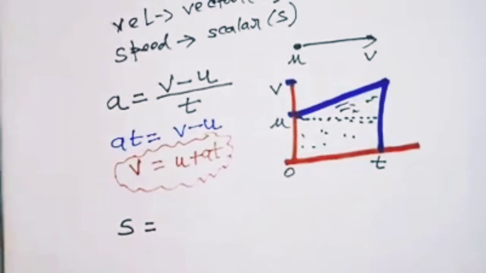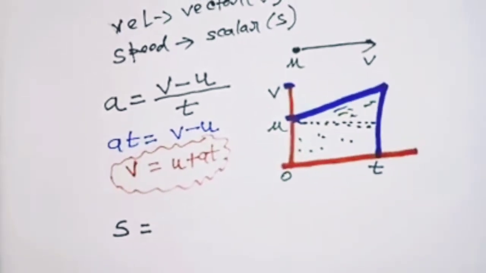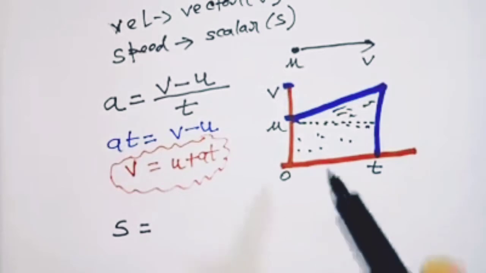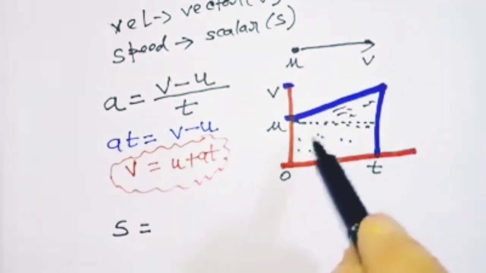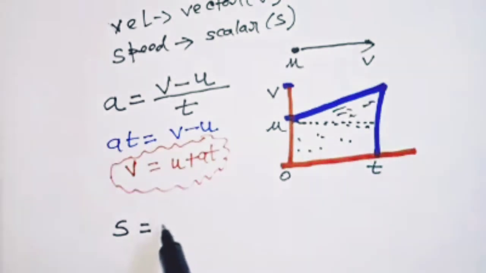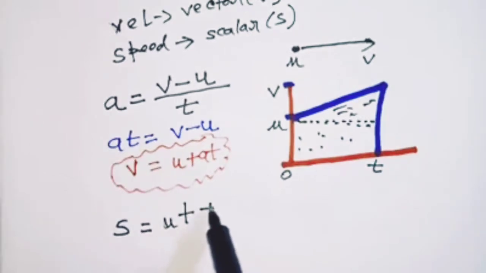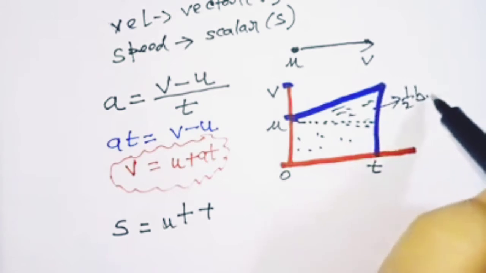So what we can do is write S equals ut. Why? Because of the length and breadth, we have to take the area, that is this part, the parallelogram. So we will write ut plus the area of a triangle. We know it is half base multiplied by height.